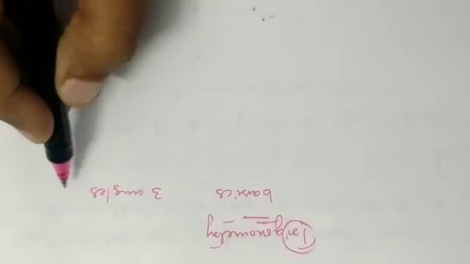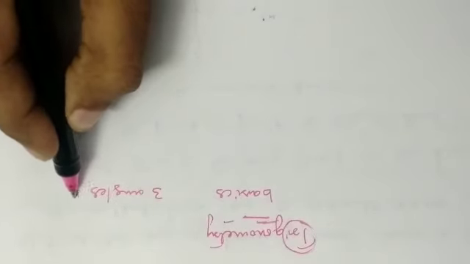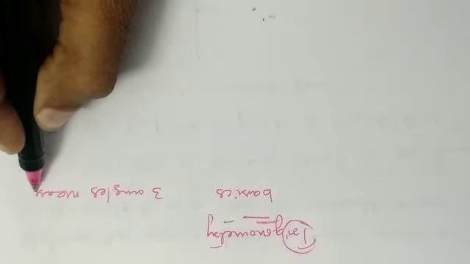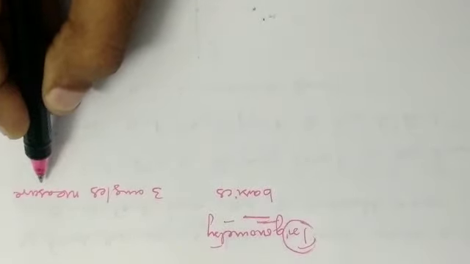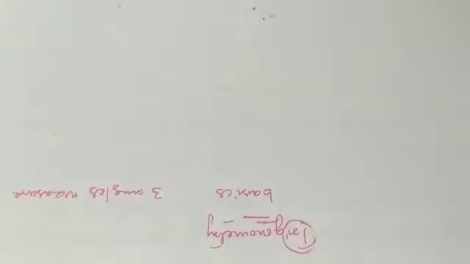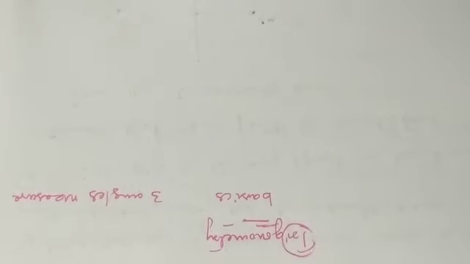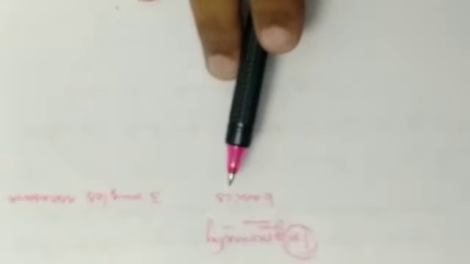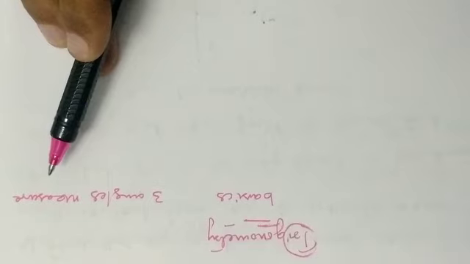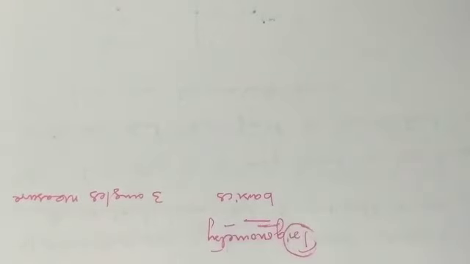Metry means measurement. Measurement of 3 angles. In which polygon do we have 3 angles? In a triangle, we have 3 angles.